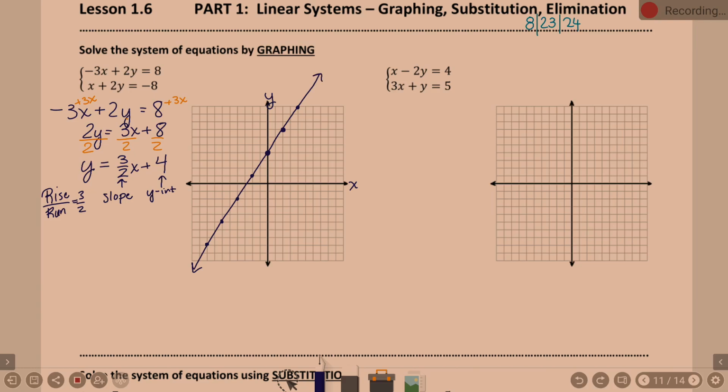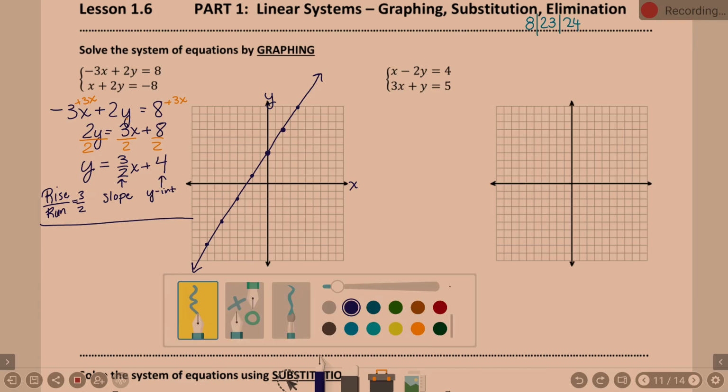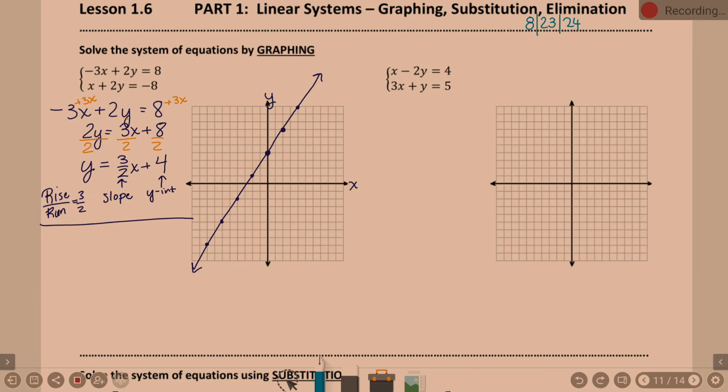And there's our first line. You guys got the first one?